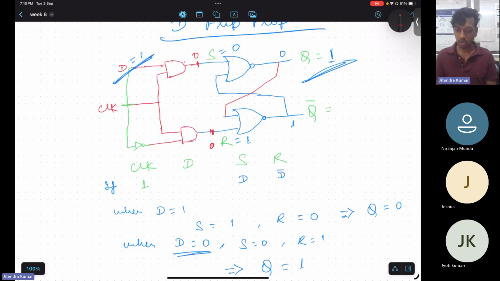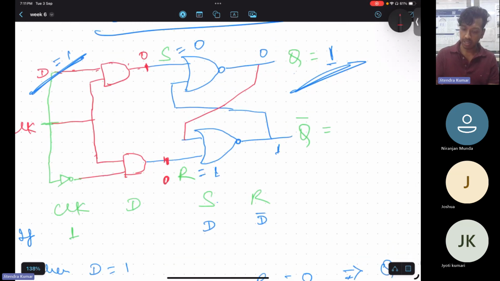So what is the condition when S and R both are 0? Then what will be the output? So let me explain it further. That's really a good question. You are not taking anything for granted, that is a good indication.